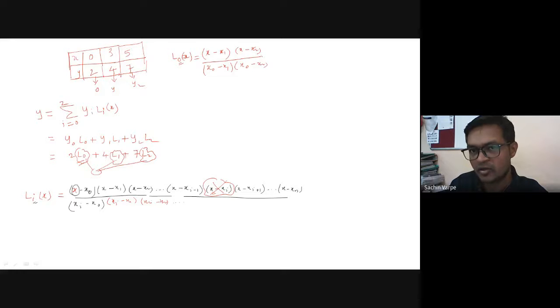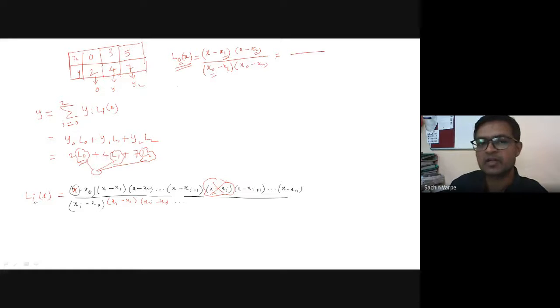You can see the non-zero denominator will be there. Is this clear? So you just substitute x naught, x1, x2 into the numerator and denominator. You will get some function of x that will be your L0 of x.